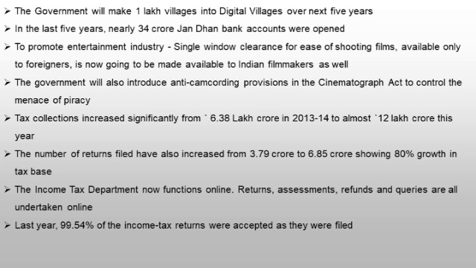The single window clearance which was available to foreigners will now be made available to Indian filmmakers too. So that's an important thing. Another thing, the government says it will introduce anti-camcording provisions in the Cinematograph Act. One of the problems is that people nowadays simply record films with mobile phones and upload them.